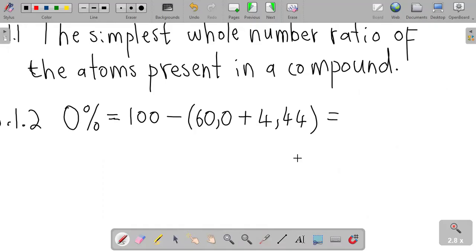So you use a calculator, and it gives me 35.56. So now when we have the percentage, then we can go to the table.